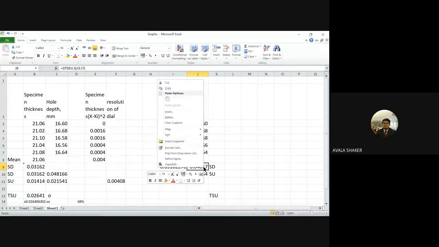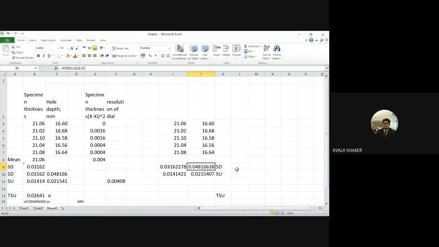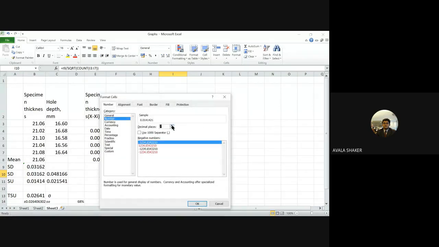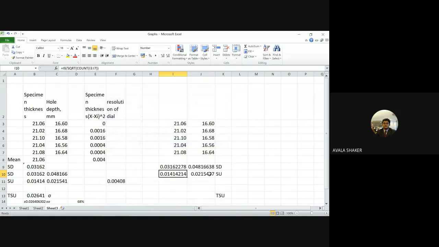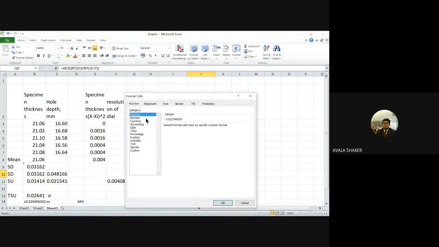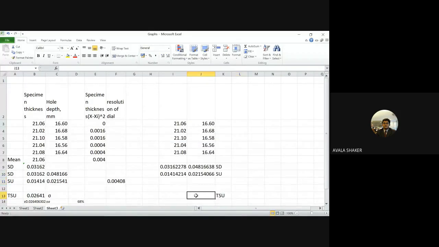Here also, this would be the same. No, I could have taken more than this. As I said, I don't want to round it off at that stage.